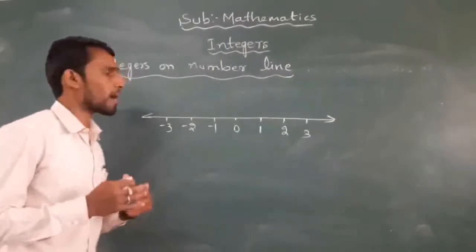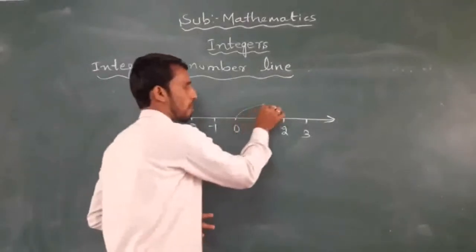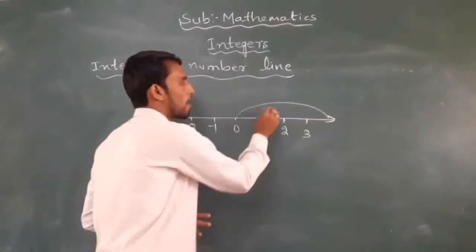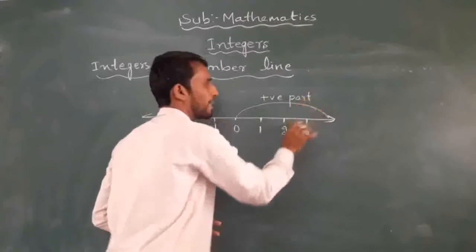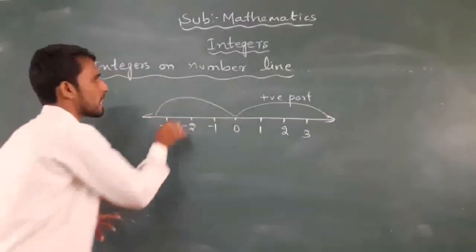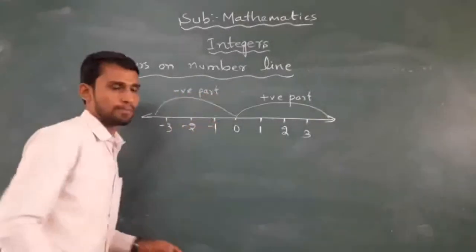Before that, we have to understand the number line. The part from 0 to the right side is the positive part of the number line. From 0 to -3 is the negative part of the number line.